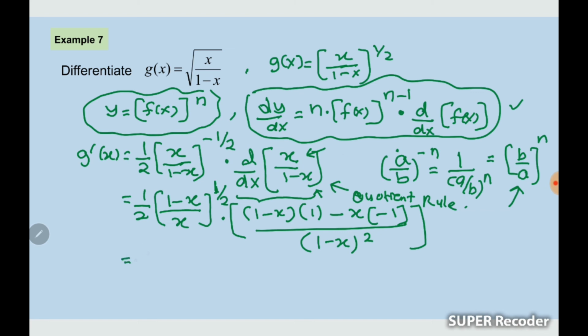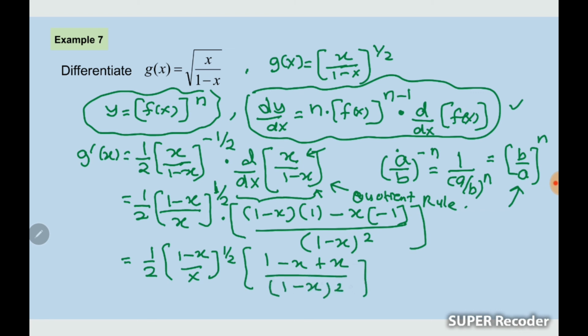So now the answer is 1 over 2, (1 minus x over x) to the power of 1 over 2. So simplify the expression in the bracket here. You will get (1 minus x plus x) over (1 minus x) squared. So negative x will cancel out with x.